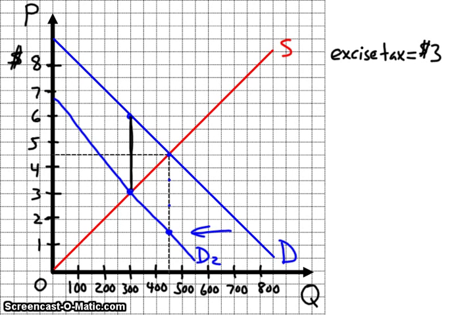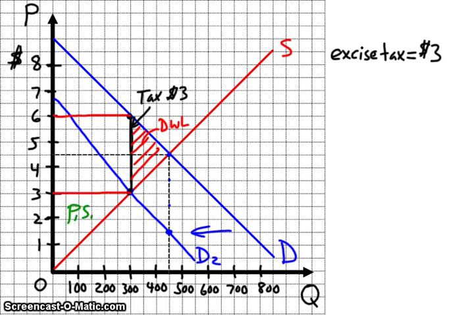This is the tax itself, the tax of $3, because the difference between 6 and 3 is equal to 3. And so everything else is the same. The only difference is we're showing that it was the demand or the consumers, but now we've got the same deadweight loss. And then again, consumers are paying $6, producers are receiving $3.